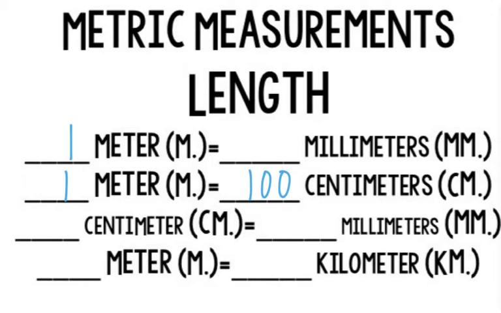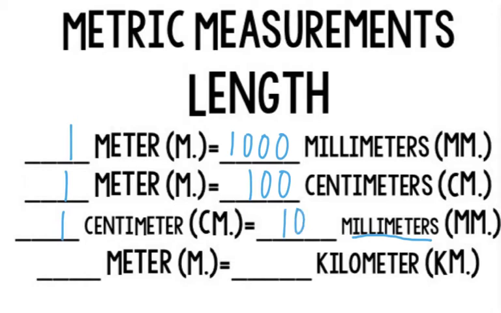And the neat thing about the metric system is you're going to see that the relationship between the numbers or the units is always in tens and thousands. So 1 meter is 1,000 millimeters. All right, so then knowing that, if you had 1 little centimeter, how many of those teeny tiny millimeters would you need? You would need exactly 10.